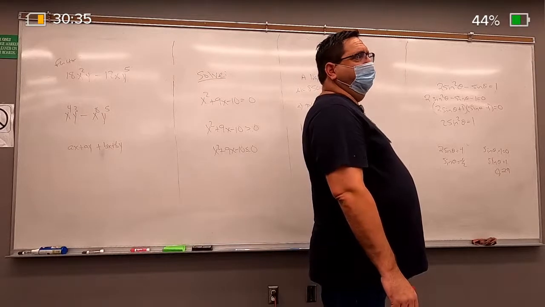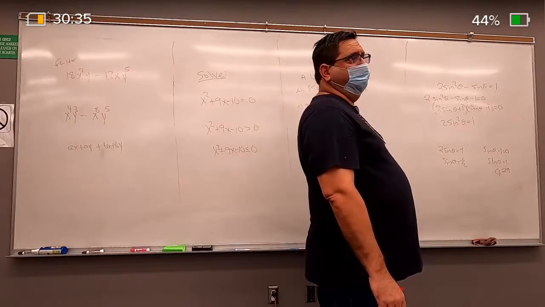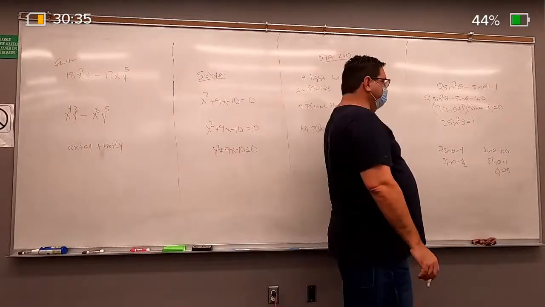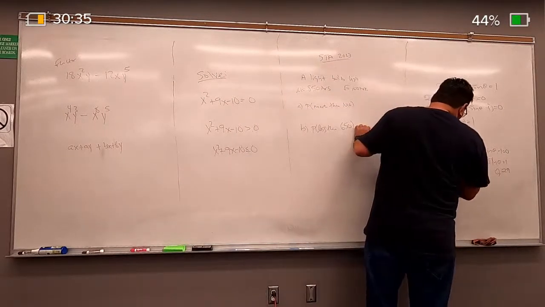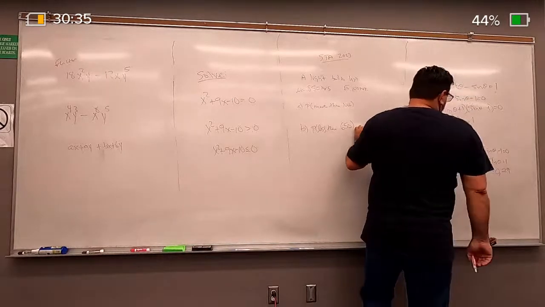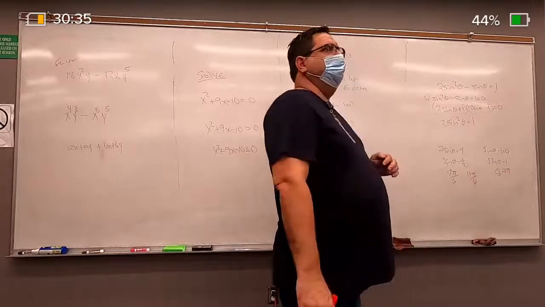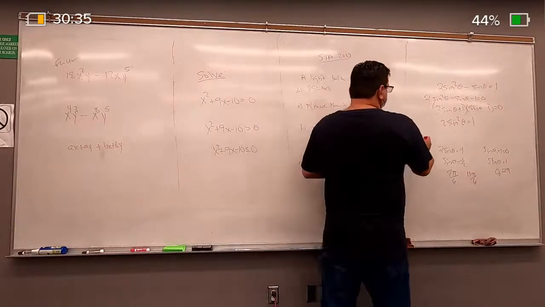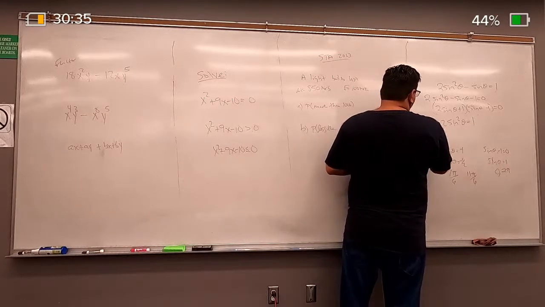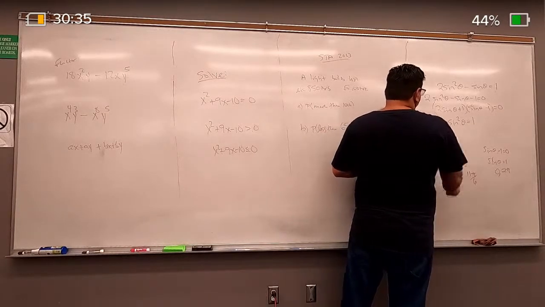Sine theta is negative in quadrant 3 and quadrant 4. Do we agree? Sine theta is 1/2 at pi over 6. Right. So this is 7 pi over 6 and 11 pi over 6. It's quadrant 3 and 4, yes? So this is pi over 6 and this is pi over 6.